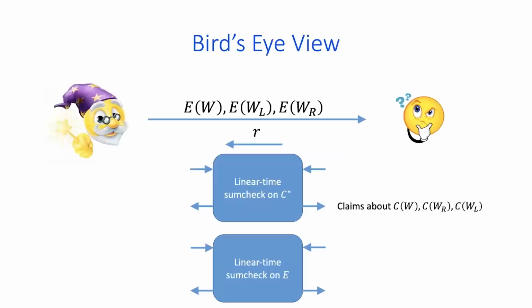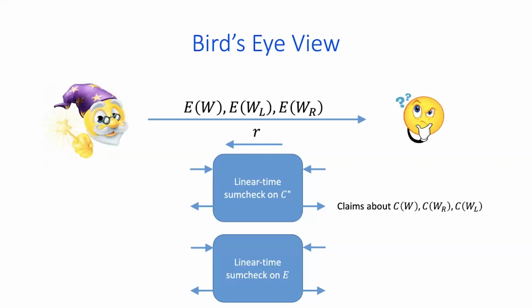Okay, so a bird's eye view of what the protocol looks like. The IOP: the prover sends over an encoding under the fast code of the wire values and their shifts. You can actually get rid of the shift, but let's ignore that. So basically it sends over the encoding of the wire values.